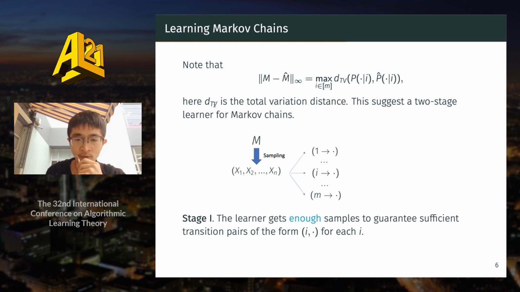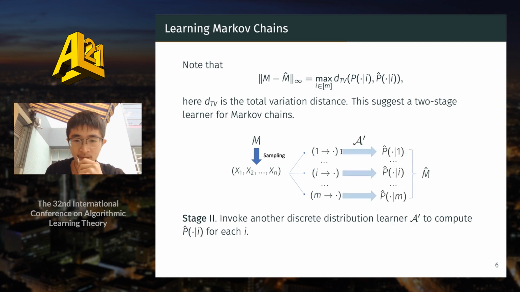Now, by the Markov property, when we focus on the transition pairs from state i, we can just treat them as IID samples from the conditional distribution P dot i from state i. Then we can invoke another discrete distribution learner, A prime, in stage 2 to get the conditional distribution from each state i, and then compose these p hat to get our M hat.